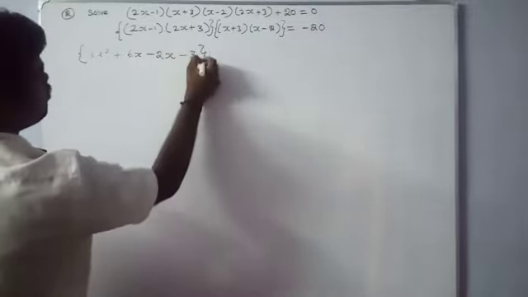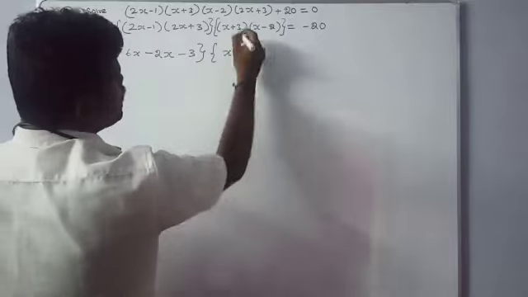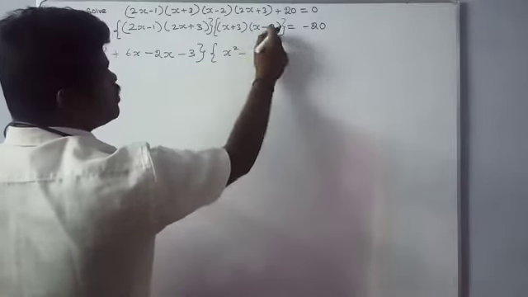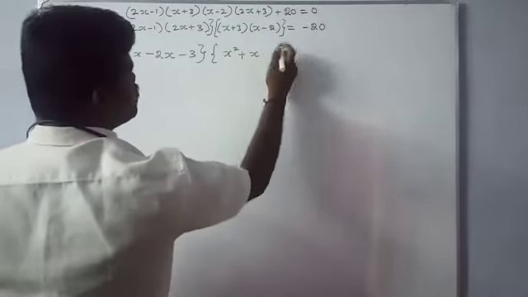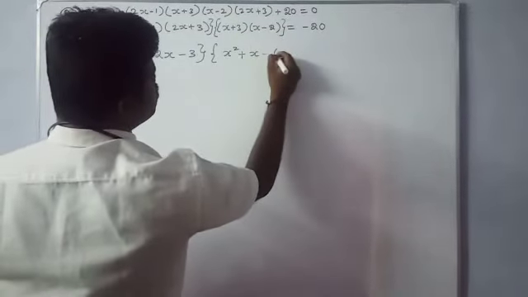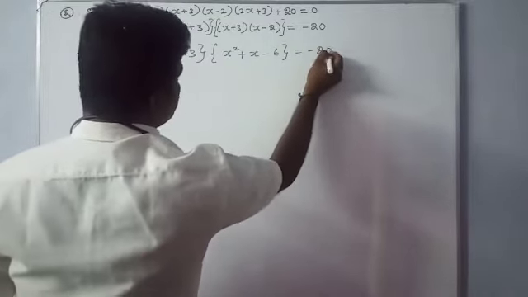minus 3. And here we can write directly the quadratic equation: x square minus sum of the root, 3 minus 2 plus 1, so plus x, and the product of the root minus 3 into 2, minus 6, is equal to minus 20.